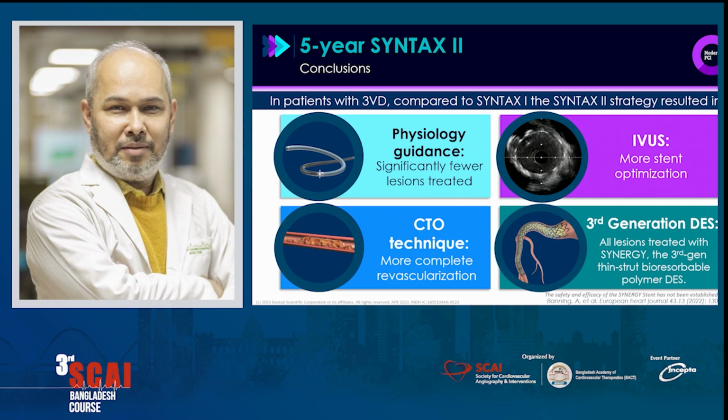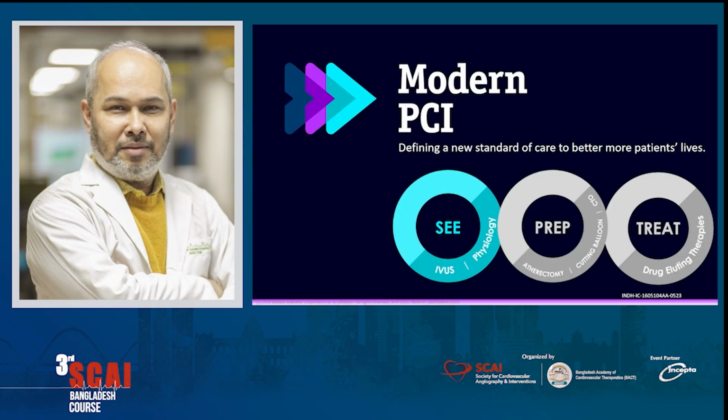And in case of CTO, you can get better result for more complete revascularization. But the very interesting thing is that in the 5-year SYNTAX II trial, every patient was treated with the latest generation, third generation, thin-strut Synergy stent. So you have to take decisions during your procedure.